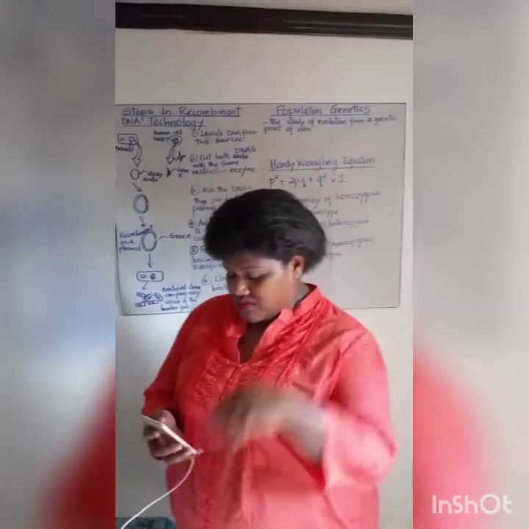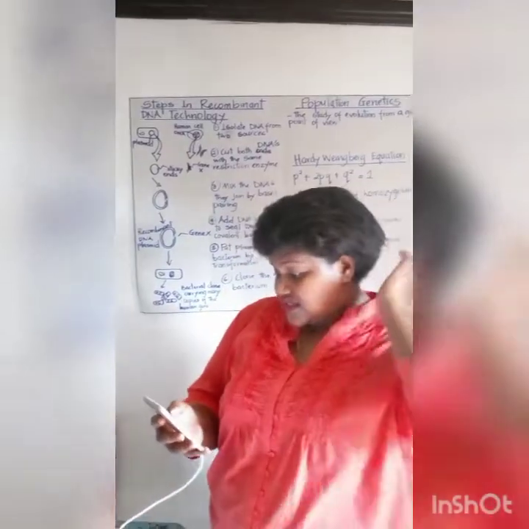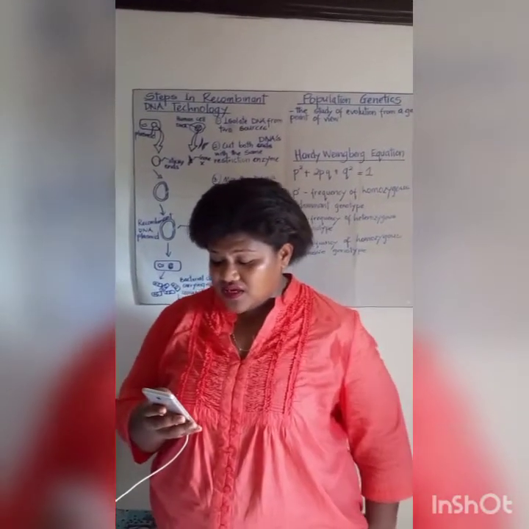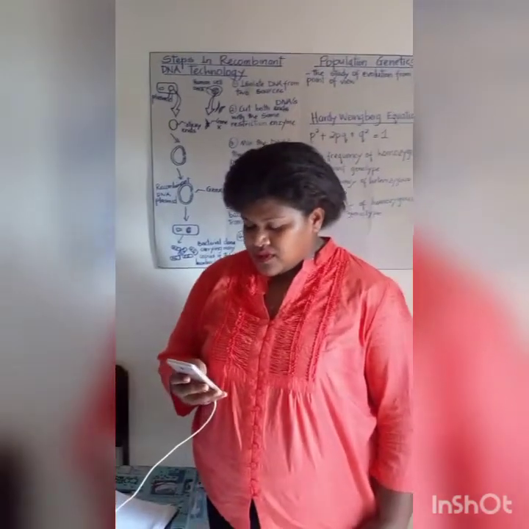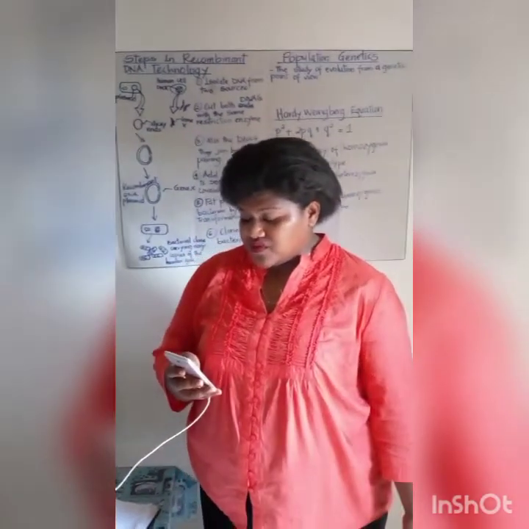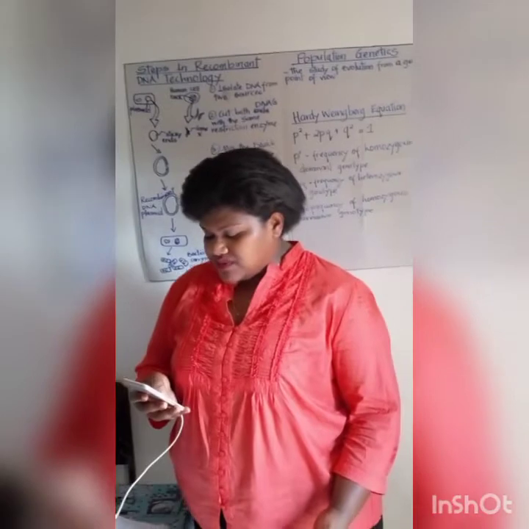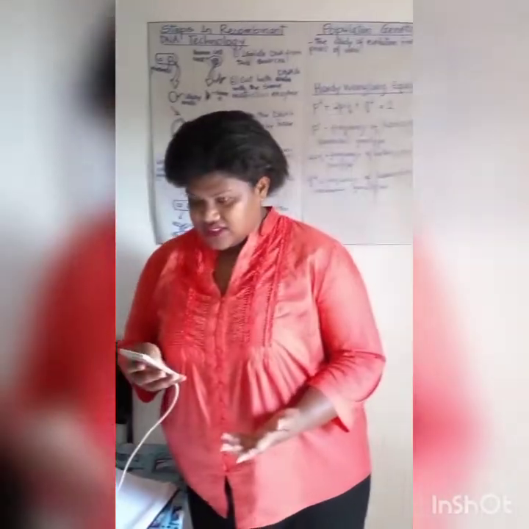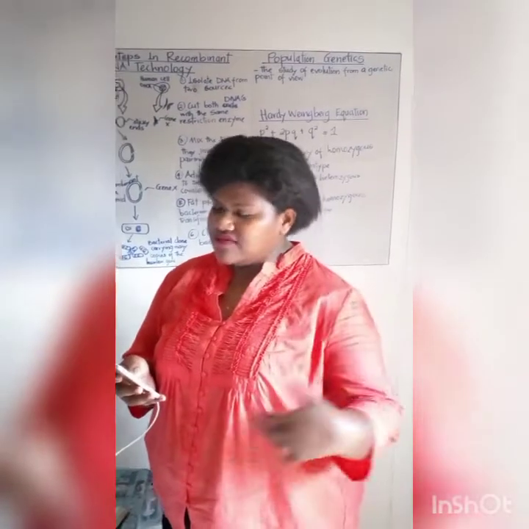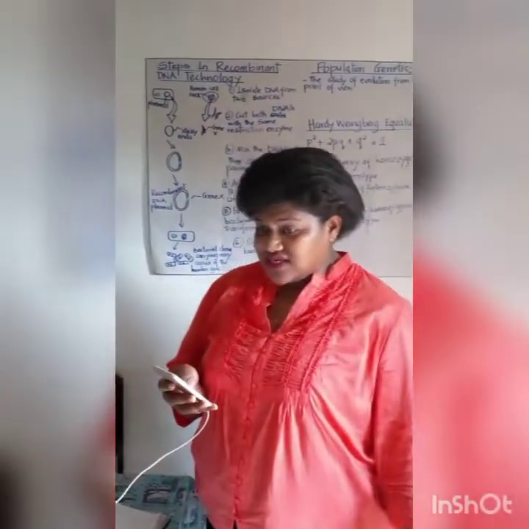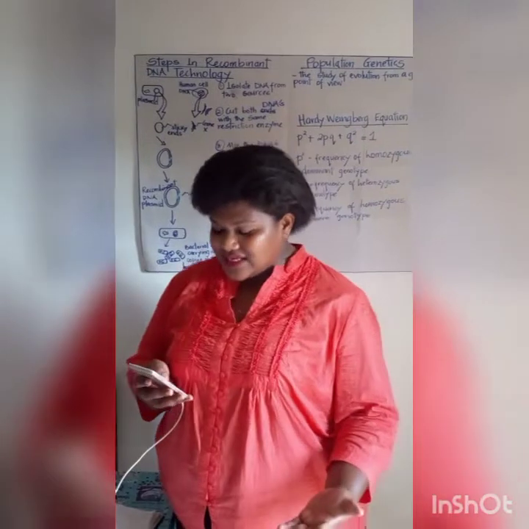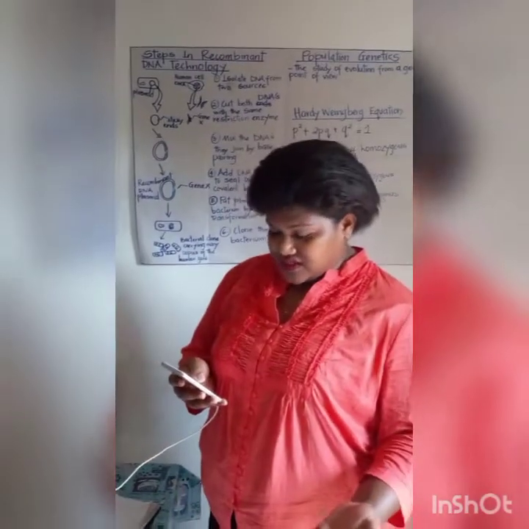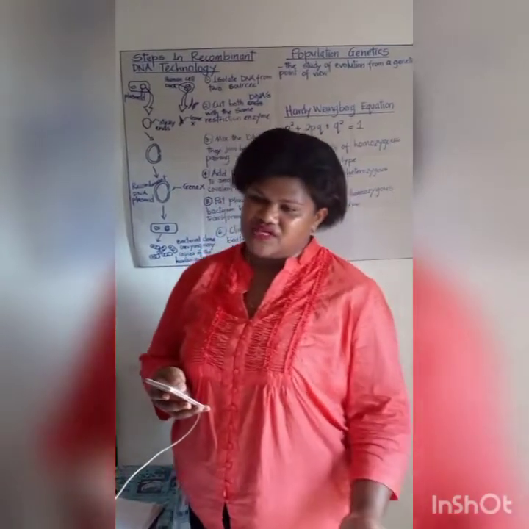Moving on to the next part, the advantages of genetically modified organisms. A genetically modified organism refers to an organism whose genetic material has been artificially altered through genetic engineering to change its characteristics. Other advantages include insect resistance, high yield, decreased use of pesticides, and less deforestation.